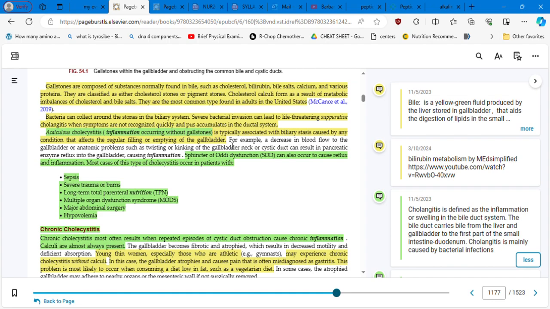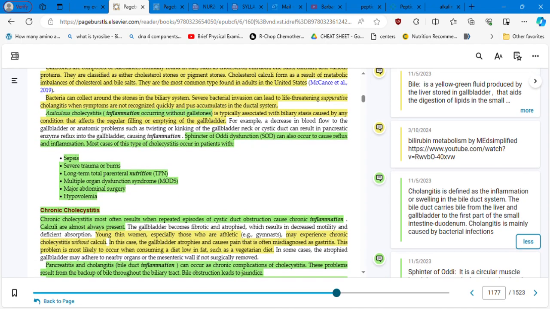Biliary stasis, please understand, is when something is paralyzed, right? So there is a stasis caused by any condition that affects the regular filling, because it's not working properly, or emptying, either the entrance or the exit of the gallbladder process.